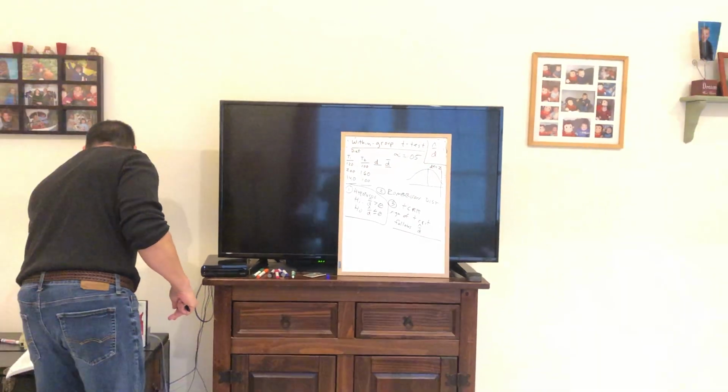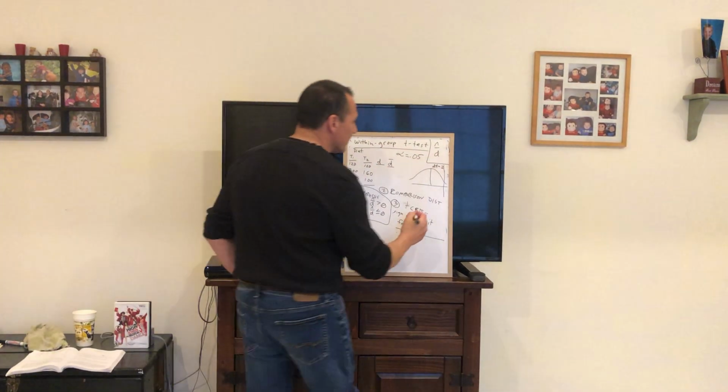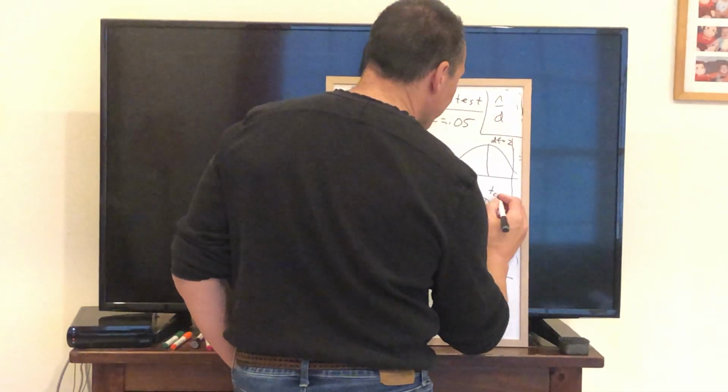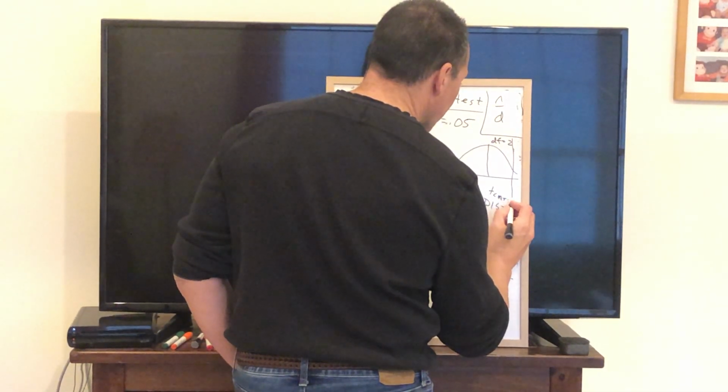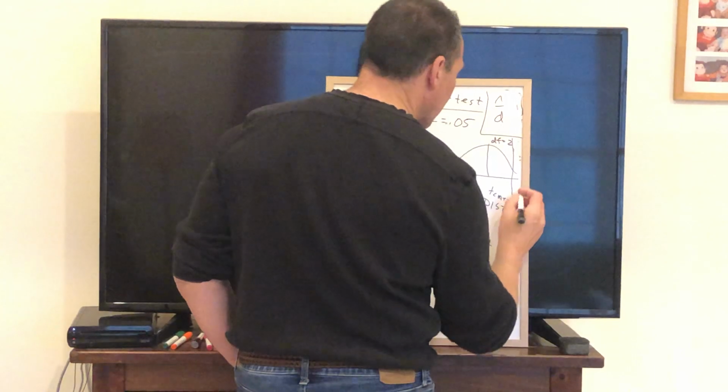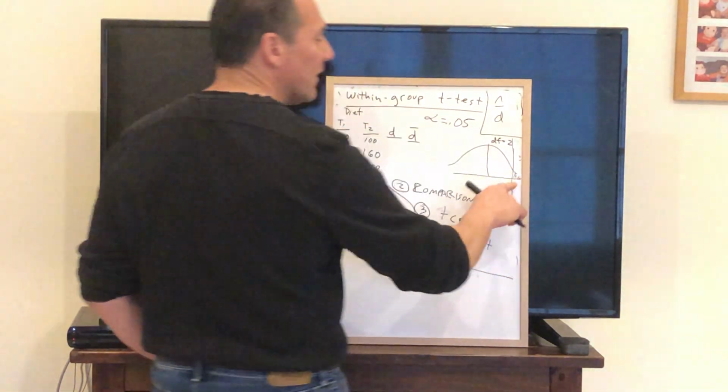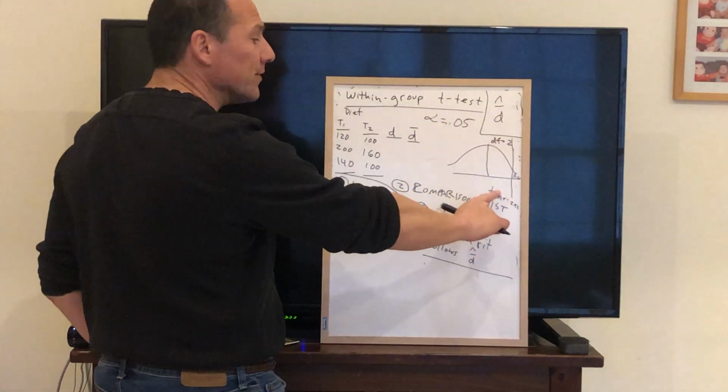So t-critical, just like in the last example, is 2.92. And everything to the right over here is your alpha region.